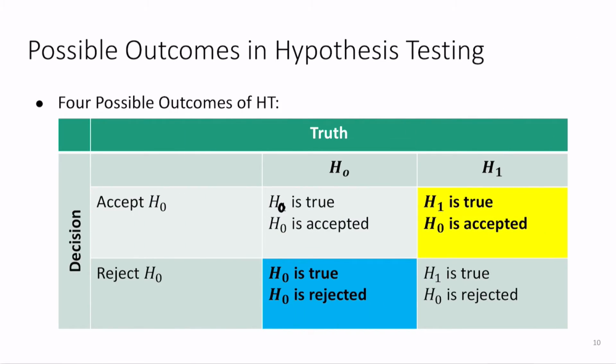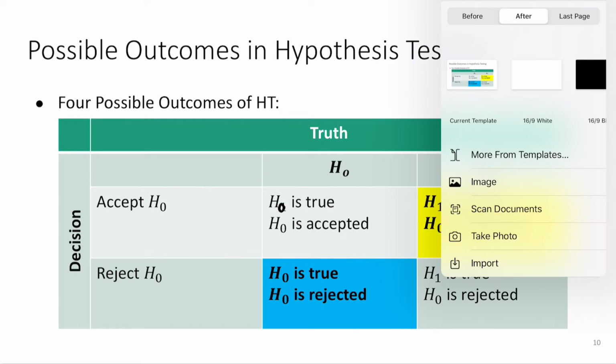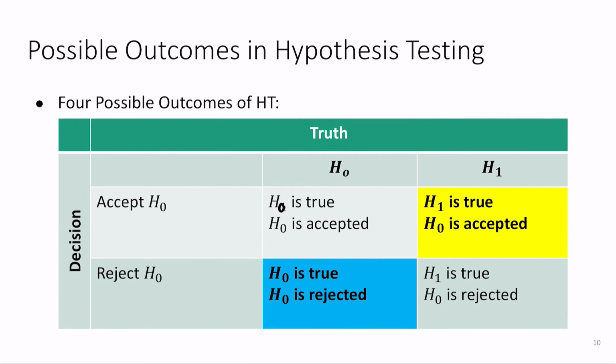Now, based on the idea here, we can classify the entire system into two types. So here we have four possible outcomes of hypothesis testing. So this is what we call a hypothesis testing table. One represents the truth on the top and decision on the left.